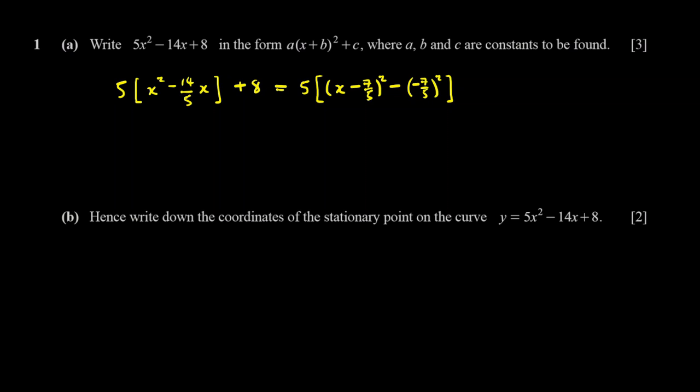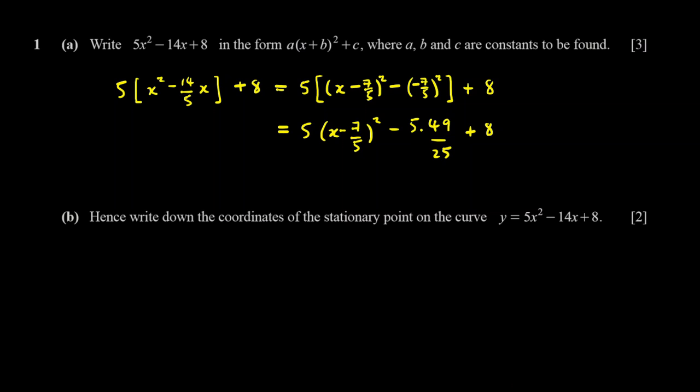Okay, so I think now we just want to simplify all of this. So we're going to get 5 bracket x minus 7 upon 5 all squared, and that's going to be minus 5 times negative 7 upon 5 squared, which is going to be 49 upon 25, plus 8. Now, hopefully we can see this is going to simplify because we can divide top and bottom of that fraction by 5.